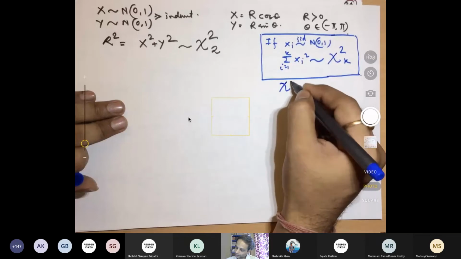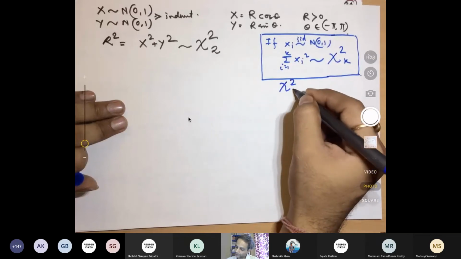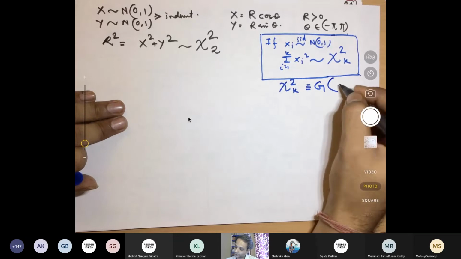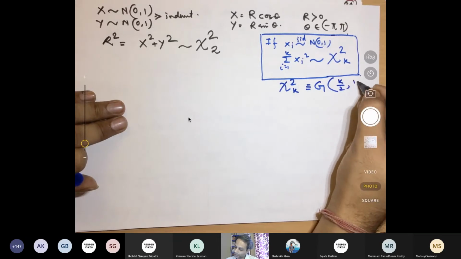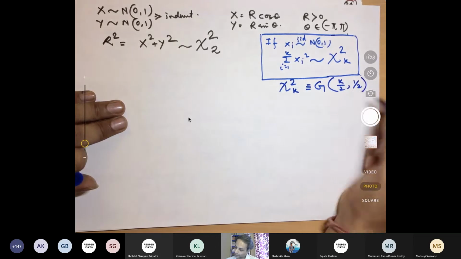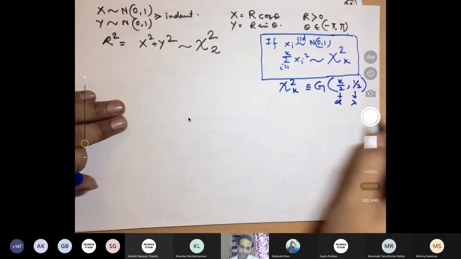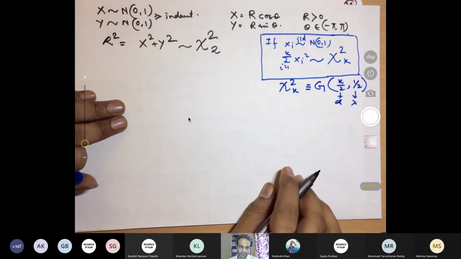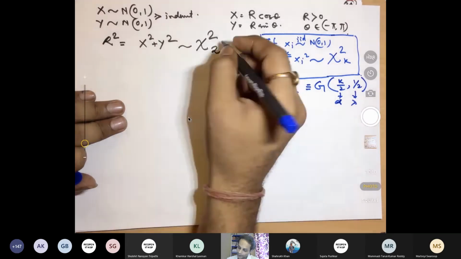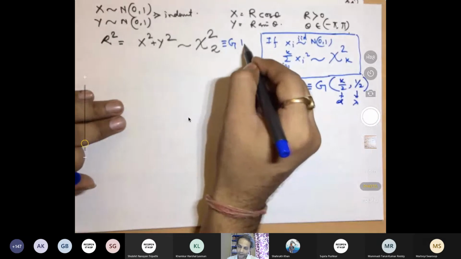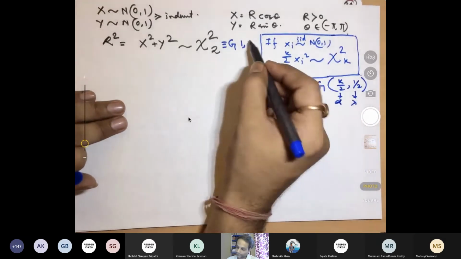And also you know chi-square with k degrees of freedom is equivalent to gamma with alpha equal to k by 2 and lambda equal to half. So this is equivalent to gamma with 1 and half.